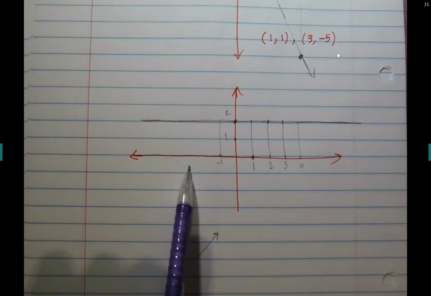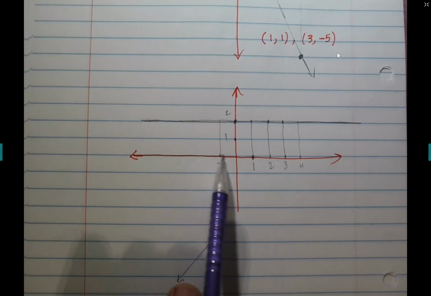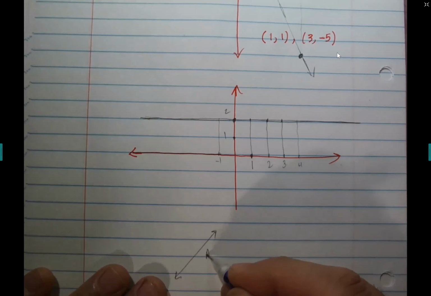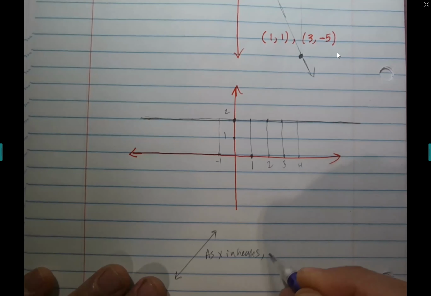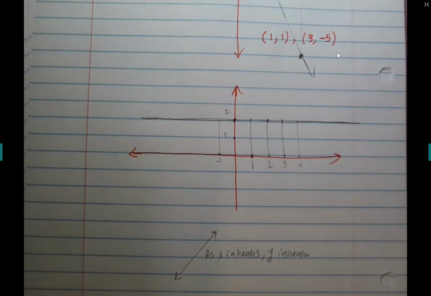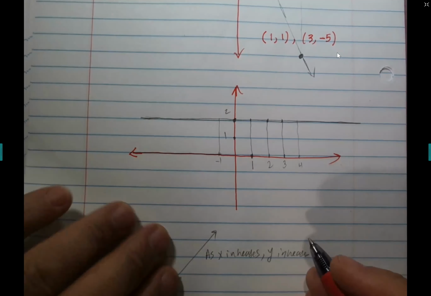Because the numbers increase as we go to the right, guys. So as x increases, y increases. I wanted you to have a good grasp of this so you can absorb what we're going to talk about in a little bit. And let me show you the other example, guys.